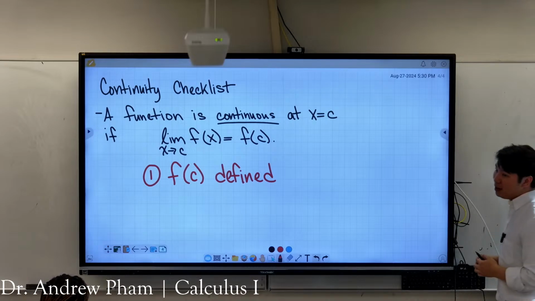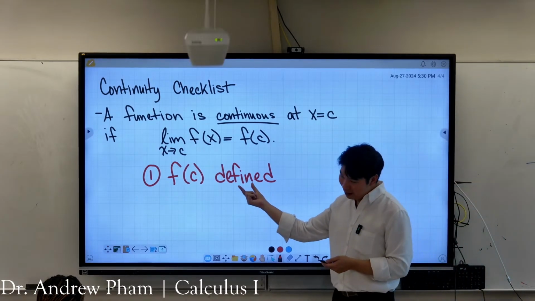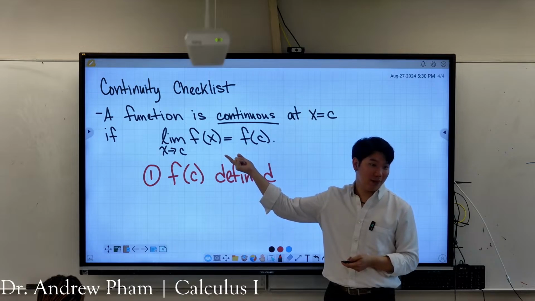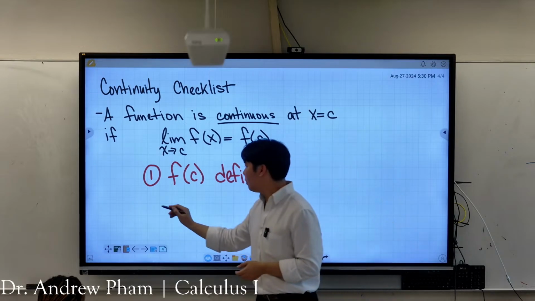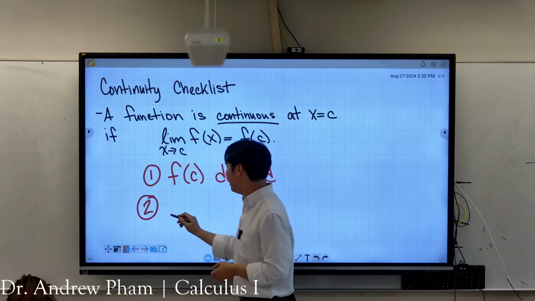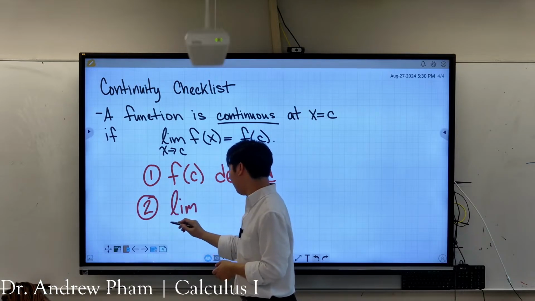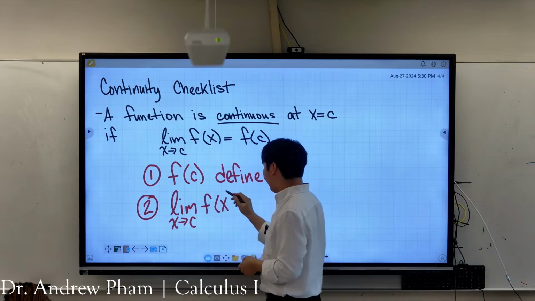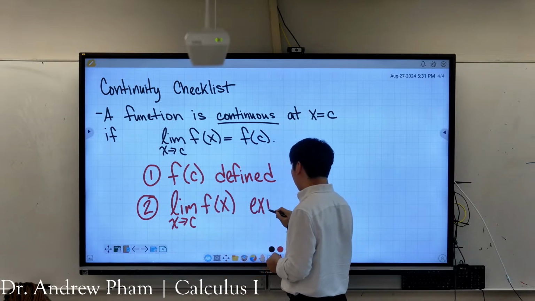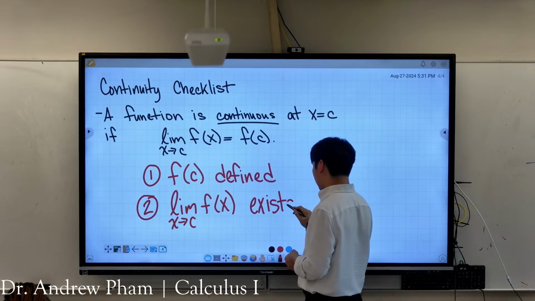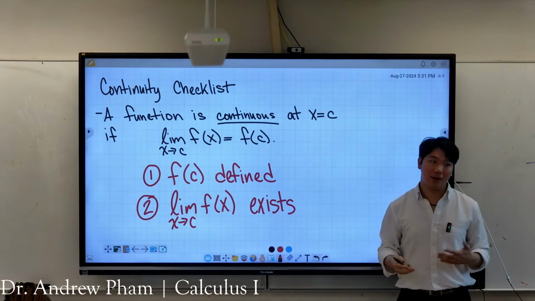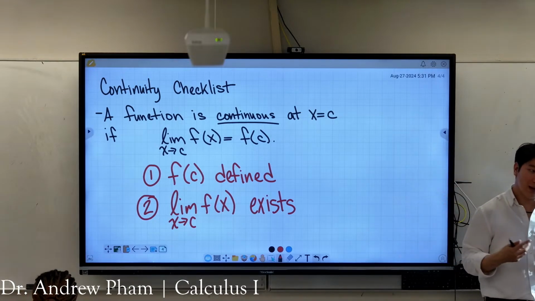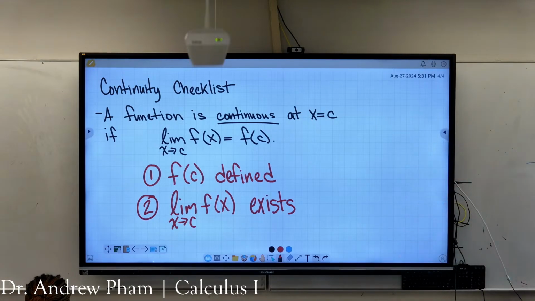Why do I need this condition? Well, whenever I plug in and it's undefined, then I can't do any equations with it. Same thing for the second portion: the limit of f of x must exist. Again, if the limit doesn't exist, then it doesn't make any sense for me to say it's equal to whatever.